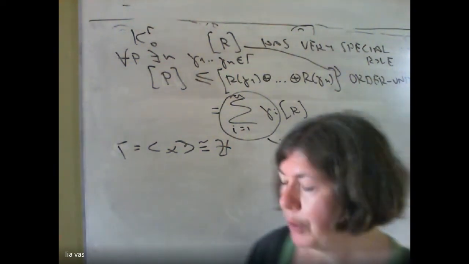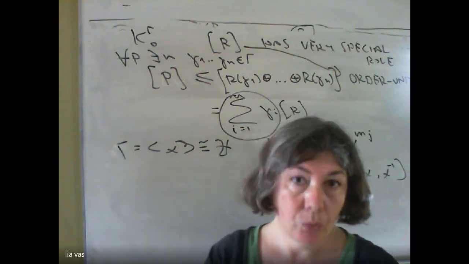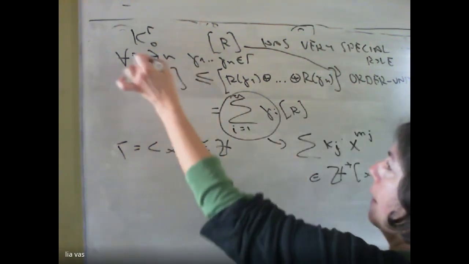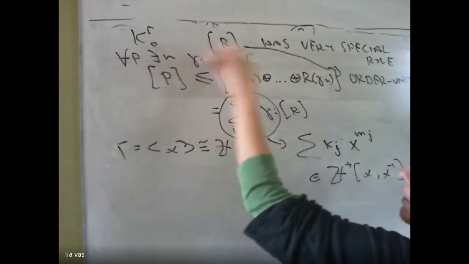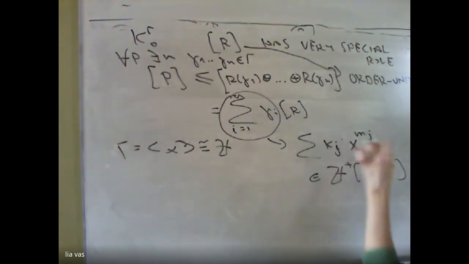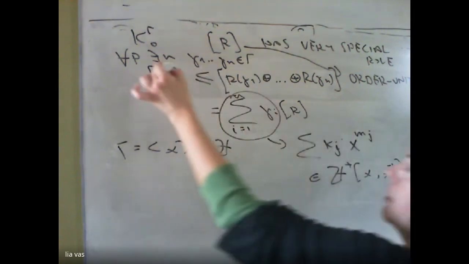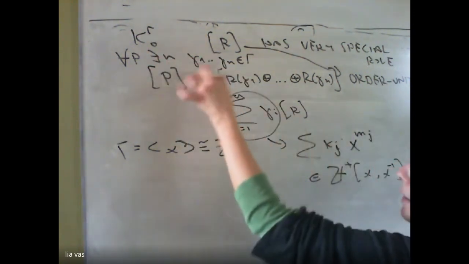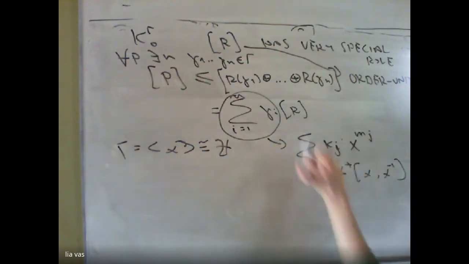So how are you going to define order unit in the graded case? You're going to say, well, for every p there is n, and there are these powers m_j here, such that p is a direct summand, p is less than or equal to this type of element times r.